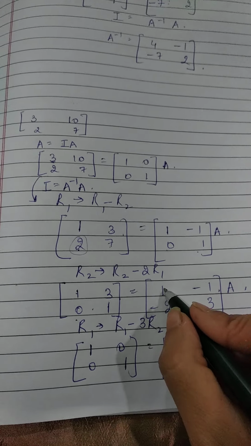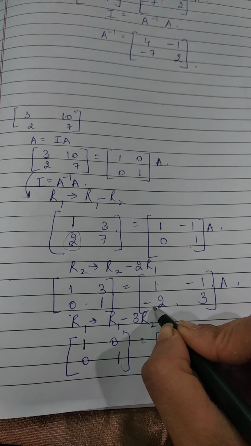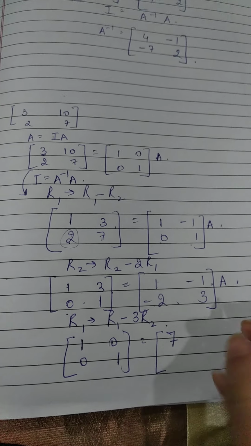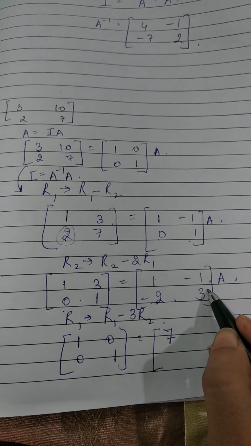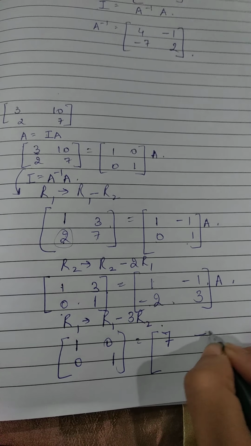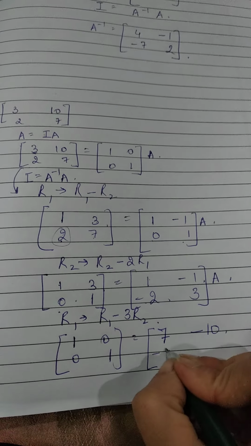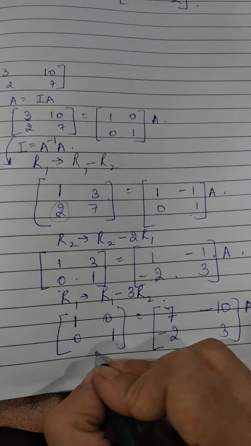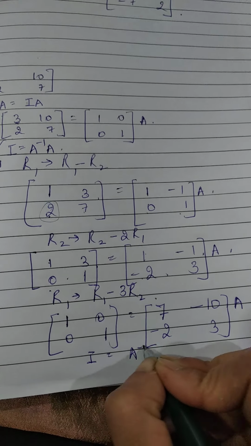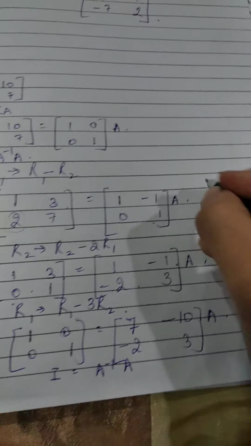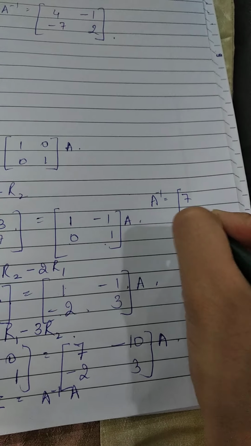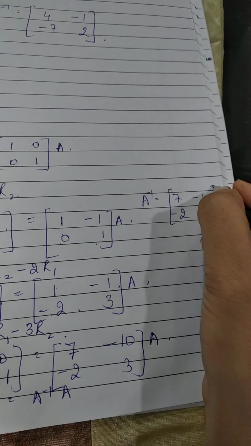Likewise, 1 minus 6, so that is 7. Likewise, we have minus 1, minus 9, that's minus 10, minus 2 and 3 as it is, and A. So we have converted into I is equal to A inverse A, or simply we can say A inverse is equal to 7, minus 2, minus 10 and 3.